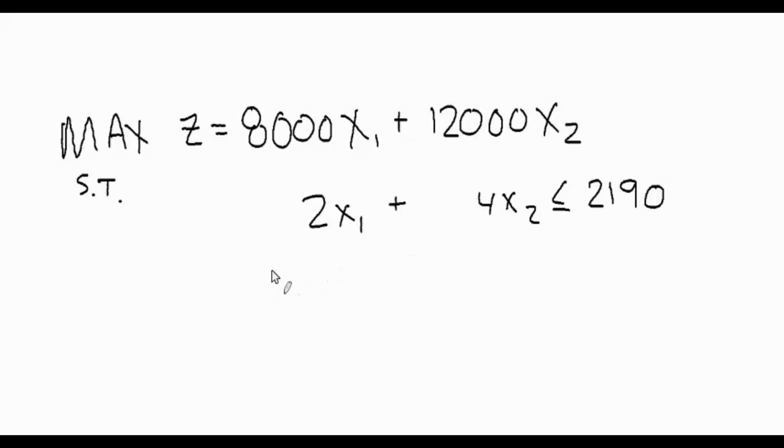And our operating room time constraint of 160 x1 plus 185 x2 is less than or equal to 148,200.